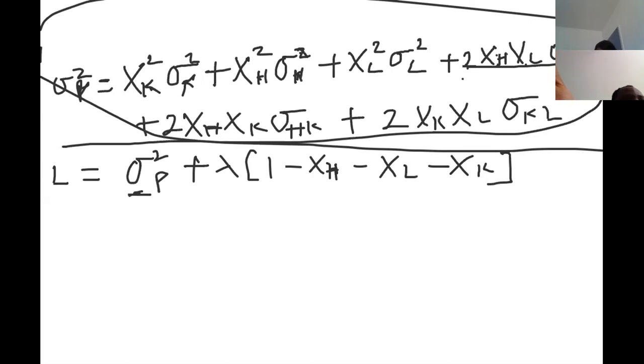The same thing applies here: minimize your portfolio variance subject to a constraint, and the constraint is that when you sum up the weight of each of the assets, it should be equal to 1. Oh, I got it, I remember now.